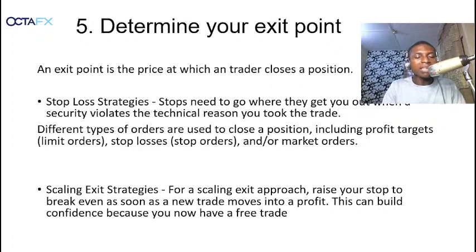Now that support level was finally broken, and we anticipated a continuous fall because after that support was broken, two candles on the 4 hours time frame also dropped, and currently we have another candle, the last candle now, and we are taking a position to further sell it off because we believe that the market will go down. Right now, what if the market did not go as planned?